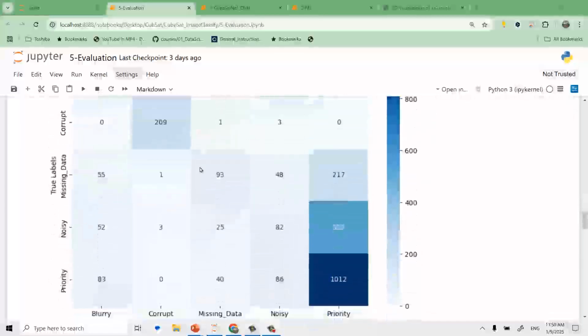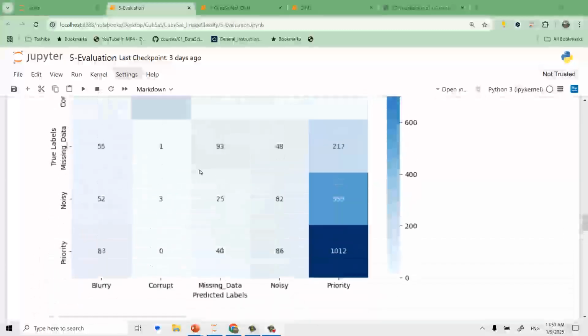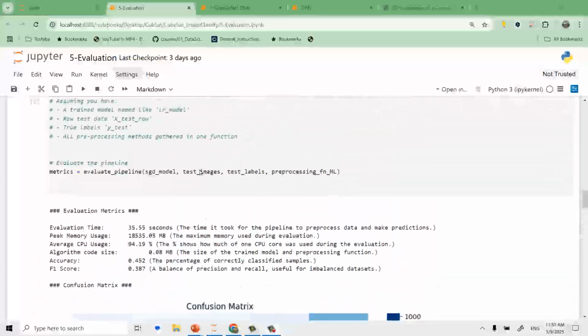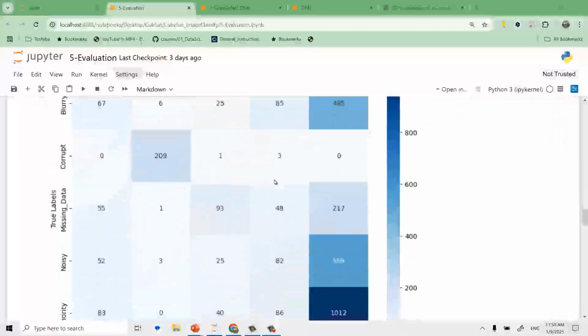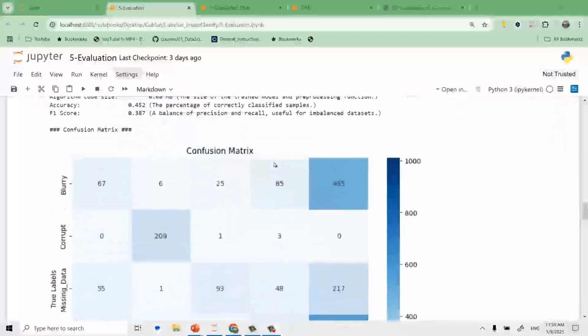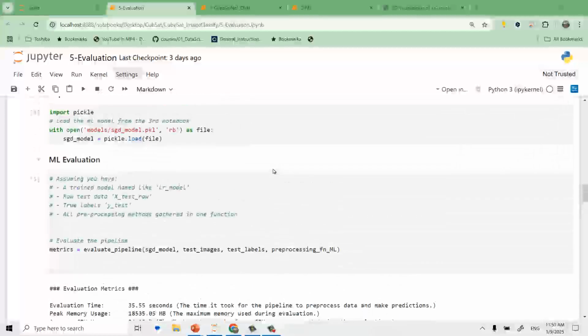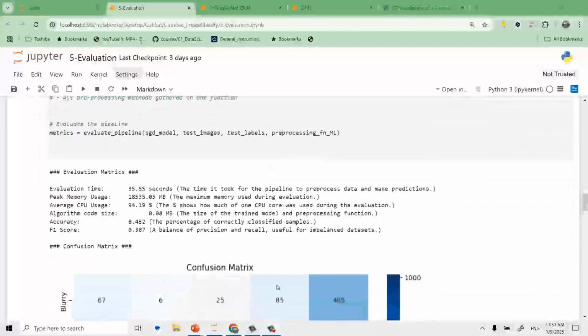I will tell you that the most important values are the evaluation time and the accuracy, and the confusion matrix. Well, the accuracy and F1 score, confusion matrix, all pretty much the same thing. The confusion matrix is more detailed, but accuracy and F1 score are probably going to be very similar because the classes are not that unbalanced.